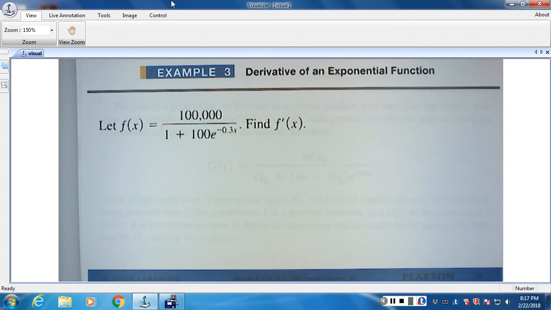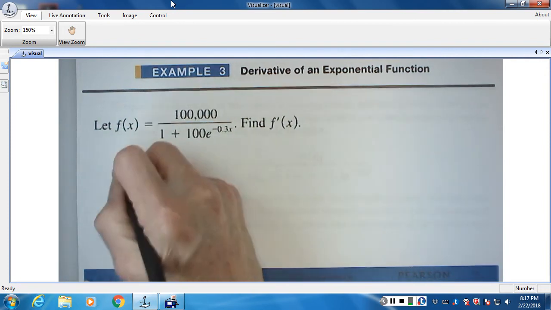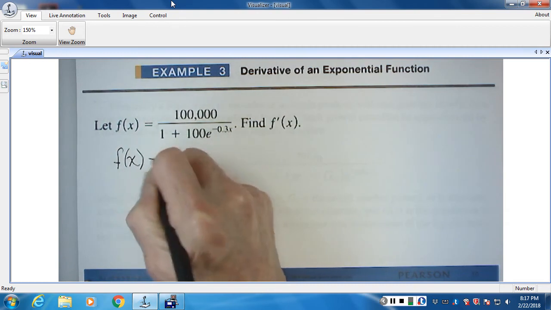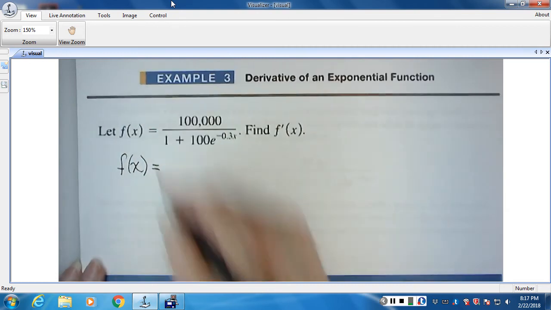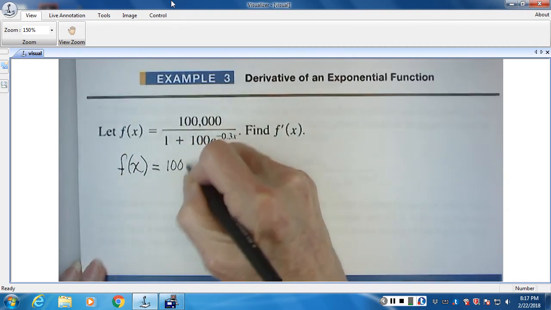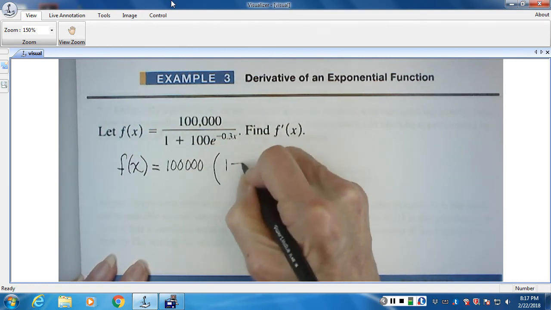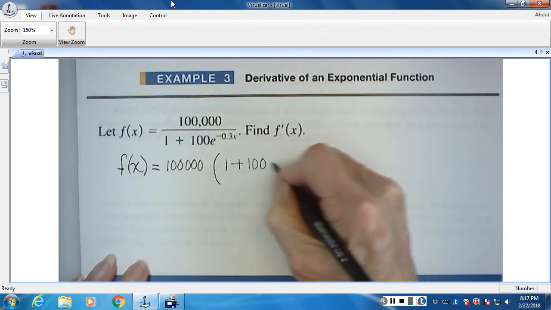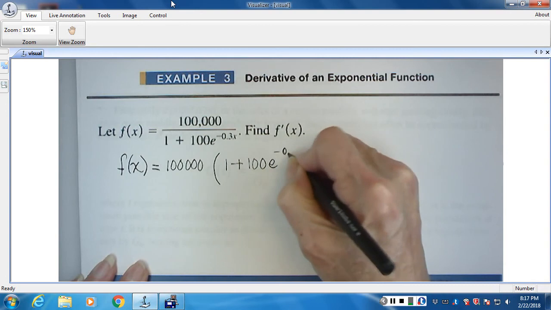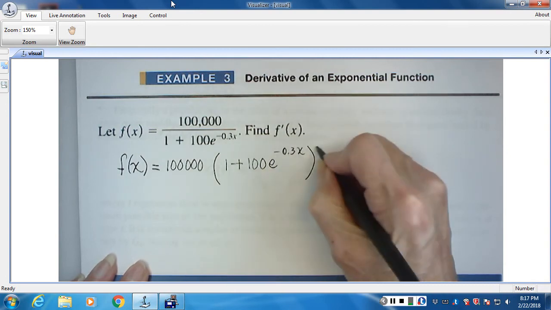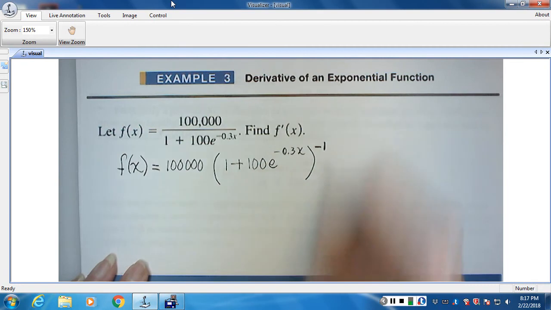Okay? So first thing I'm going to do is rewrite this as 100,000 times the quantity 1 plus 100 e to the negative 0.3x power, all inside parentheses and raised to the negative 1 power.